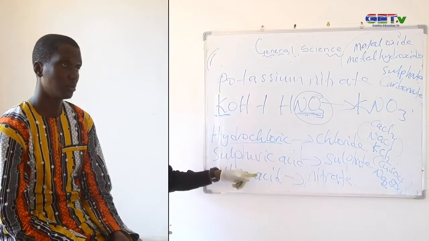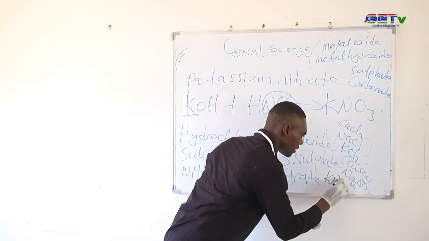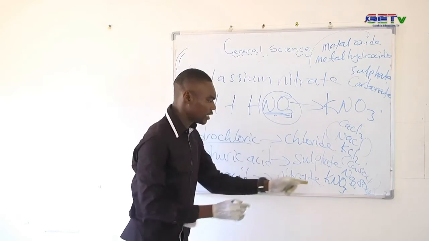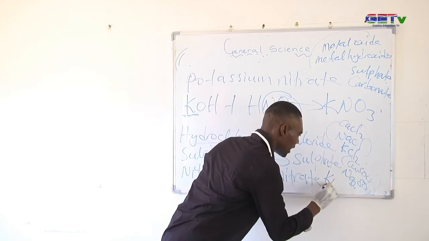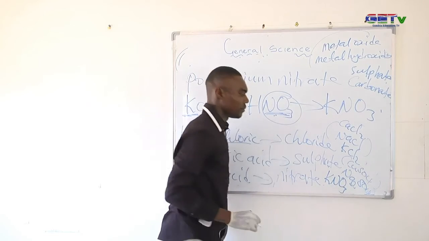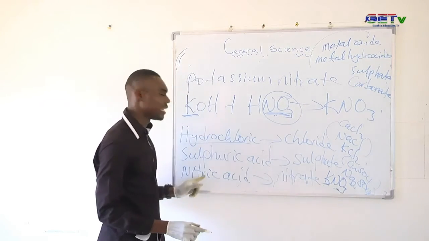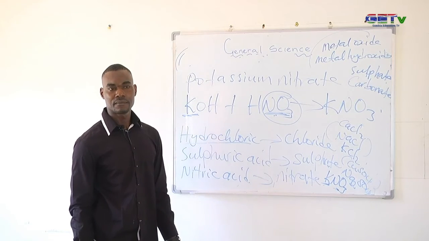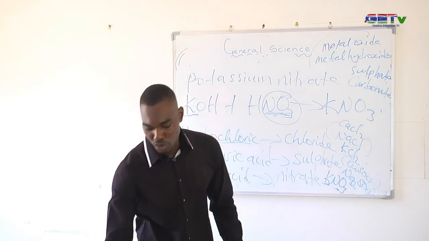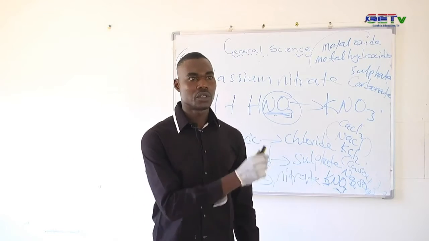Whenever you use nitric acid, the name of the salt should end in nitrate. Example, potassium nitrate, KNO3. The potassium is the metal, and the nitrate comes from the nitric acid. I hope that is also understood.